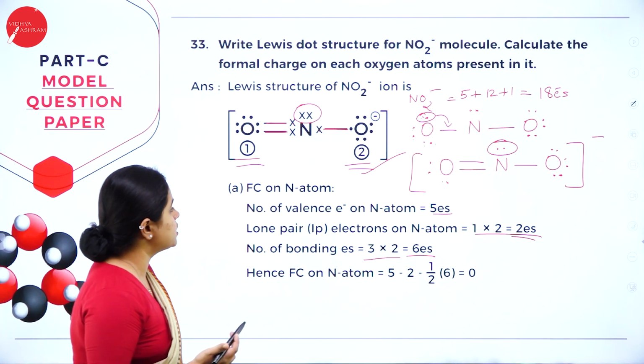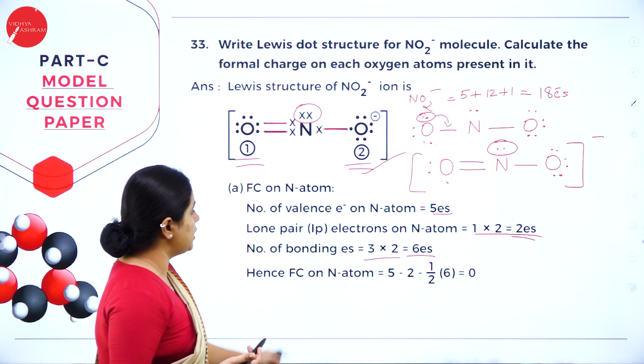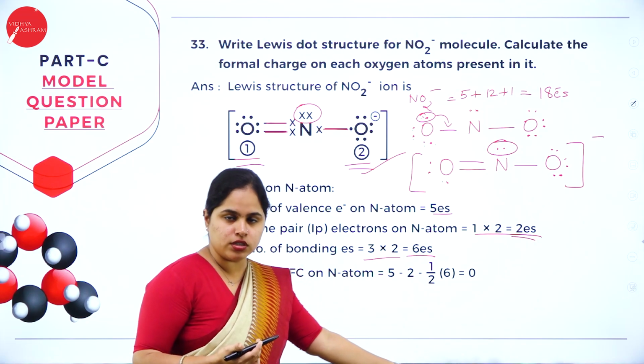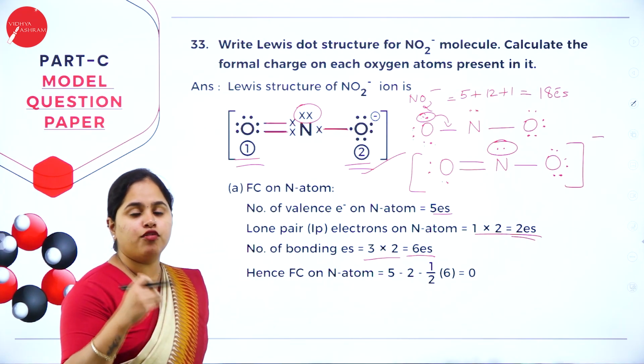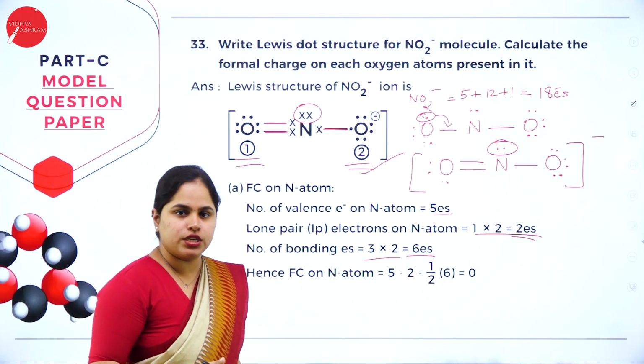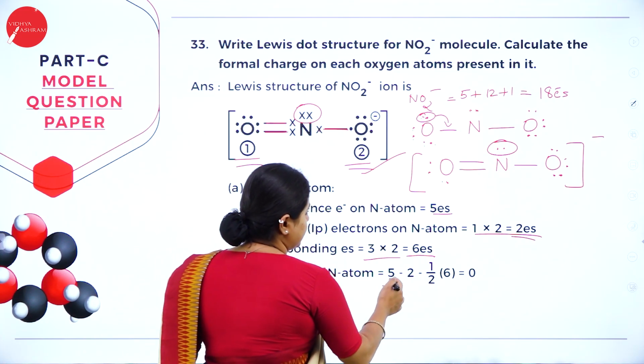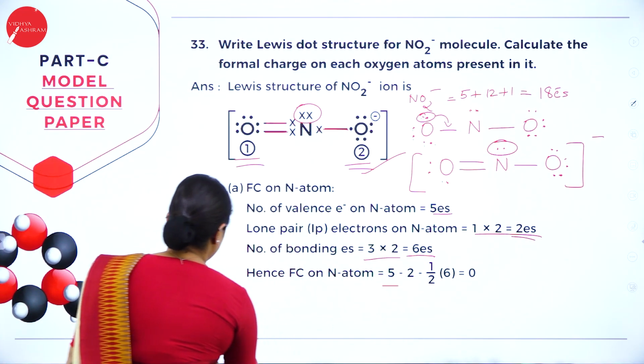Calculation of formal charge: it is total number of valence electrons minus total number of lone pairs of electrons in the atom minus half of total number of bonding electrons, right? So as you can see here, 5 is the total number of valence electrons. So let me write the equation here.